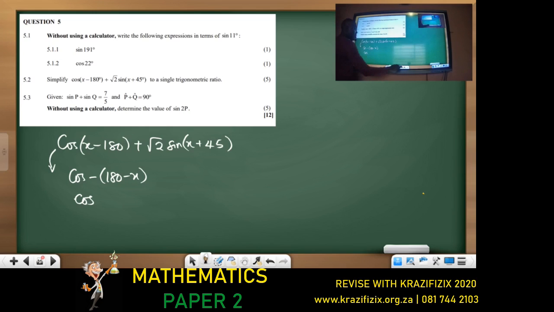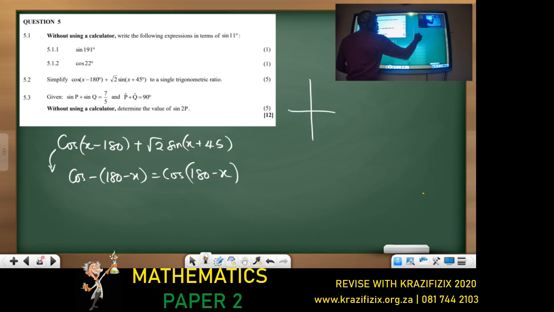Cos has no negative angle, so this is the same as cos 180 minus x. But now 180 minus x is in my second quadrant, and only sine is positive there. It means cos is negative. So what am I going to have? Negative cos x, because it's in the second quadrant.